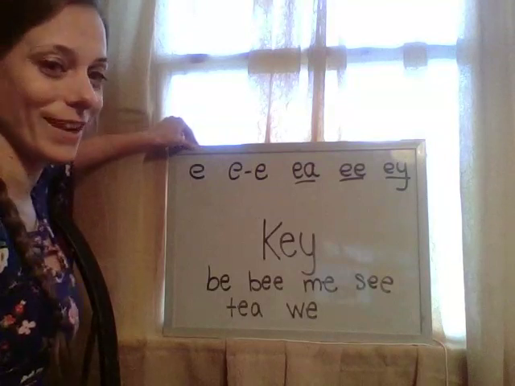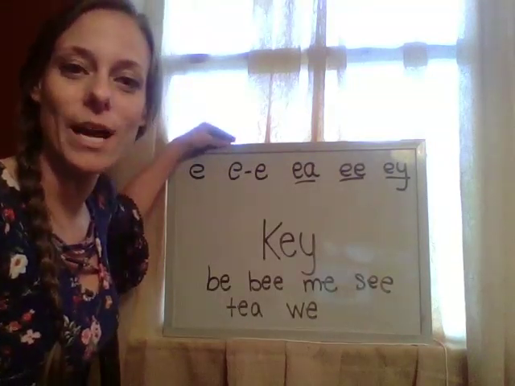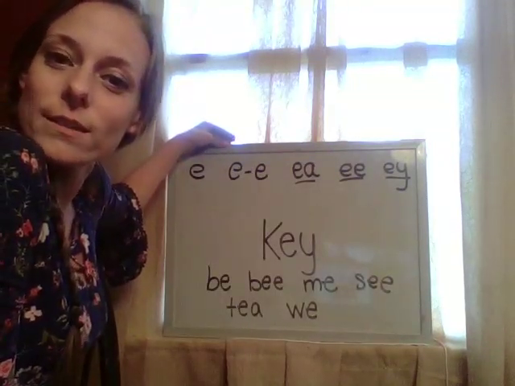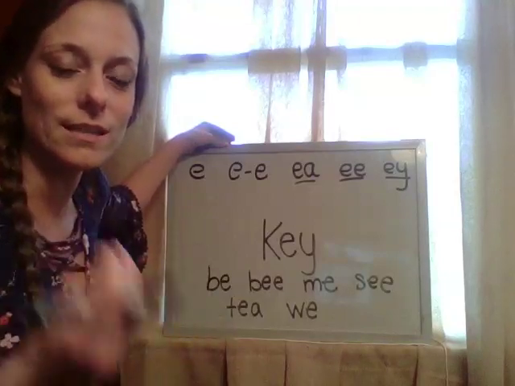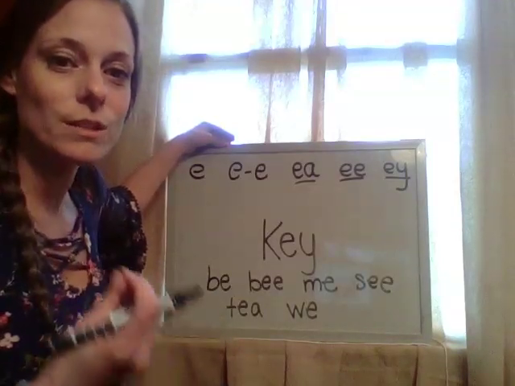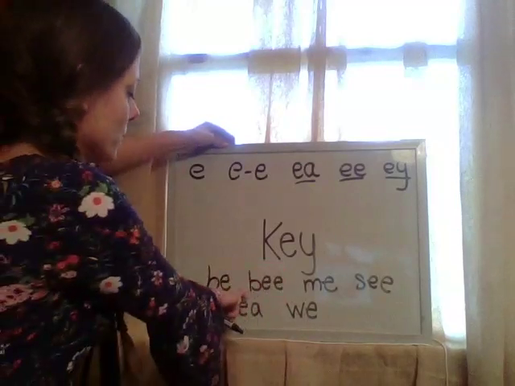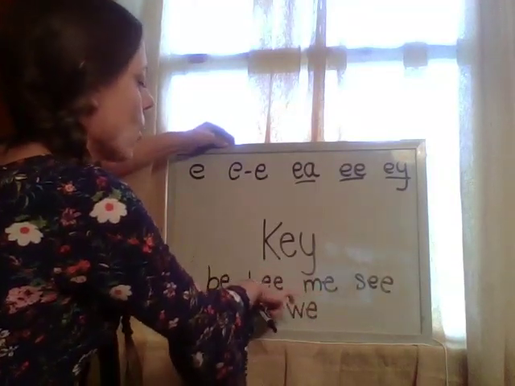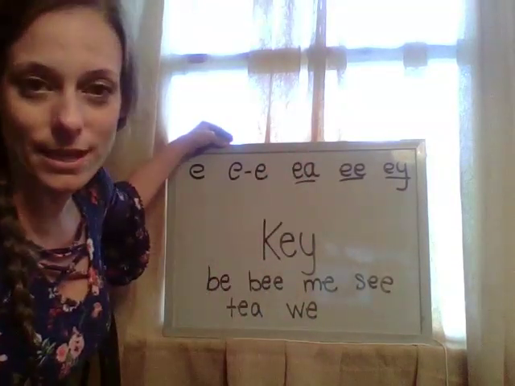But you're not going to find a whole lot of them that are going to have an EY at the end, which actually makes it easier for us, because if you hear a long E sound at the end of a word, you know it's most likely going to be an open syllable like be, me, and we, or it's going to be our EE or our EA.